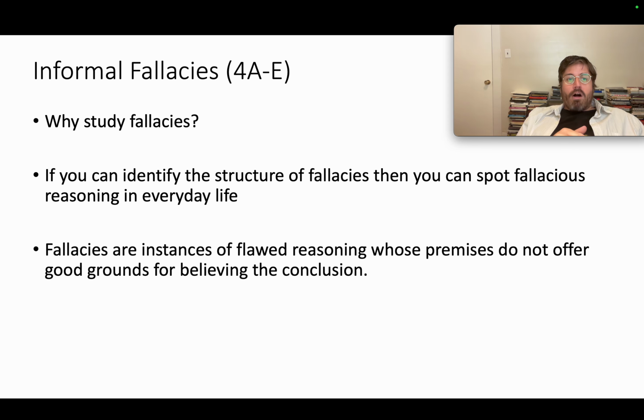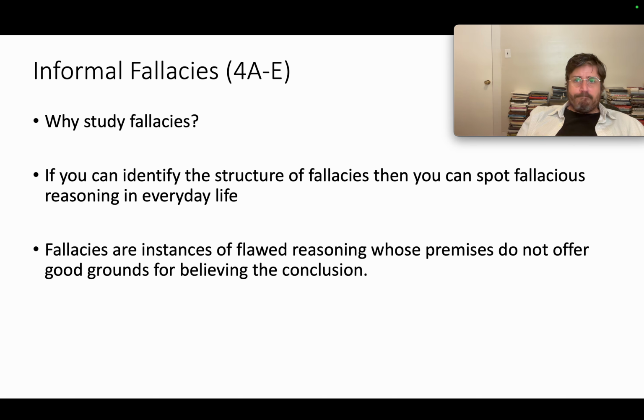So fallacies are instances or cases of flawed reasoning where we have premises that don't actually provide very good reasons for believing the conclusion, right? So if you recall now from chapter 1, we addressed the basic ingredients of what makes for an argument. Arguments build off of premises which contain information in support of a conclusion, right?